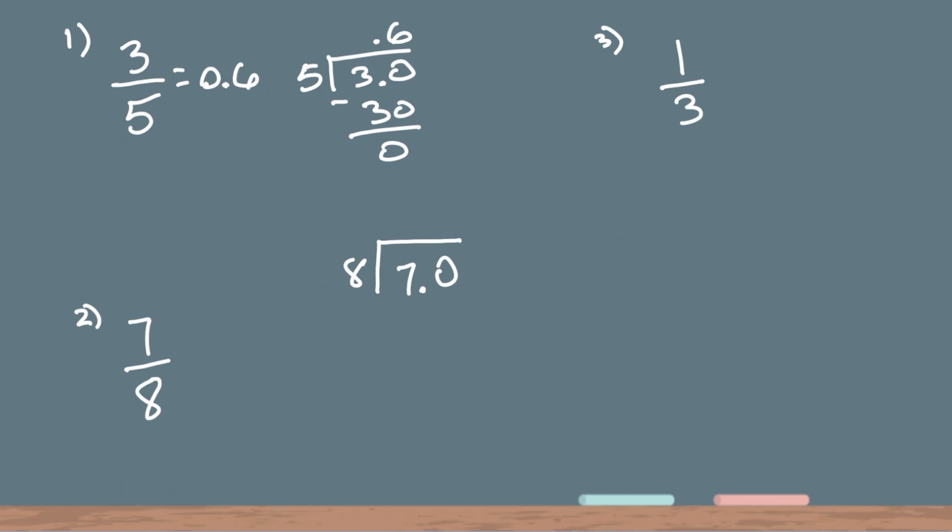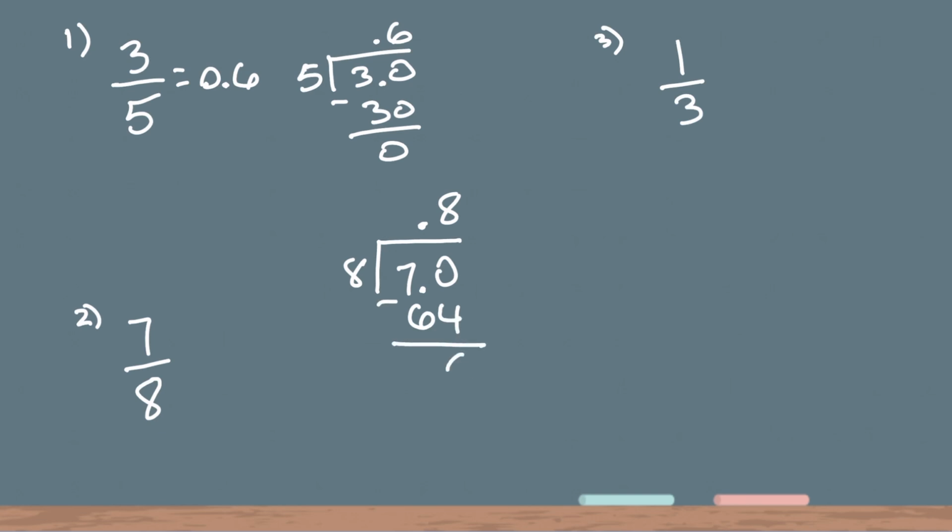It's 8 times. I'm going to go ahead and put a point, 8. And the reason why I'm putting that point there is because it's less than one whole number when we divide 7 divided by 8. Okay, so now we're going to take 8 times 8, which is 64. And we're going to subtract that from the 70.